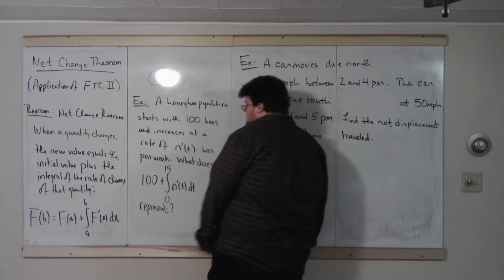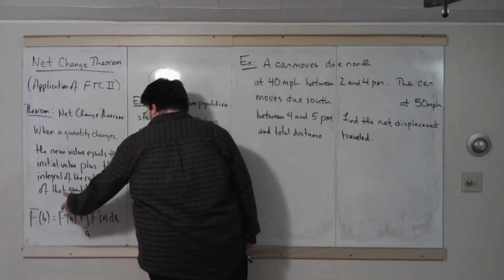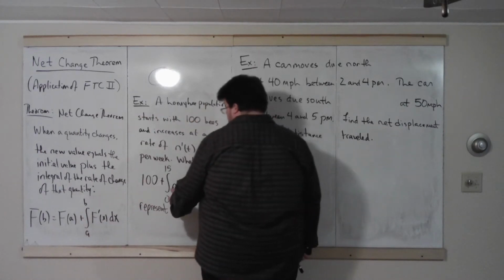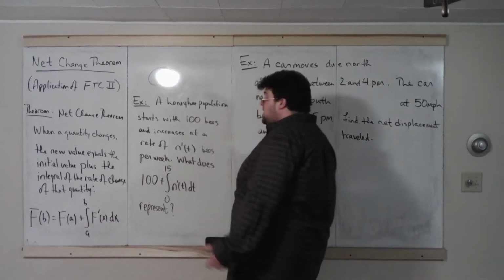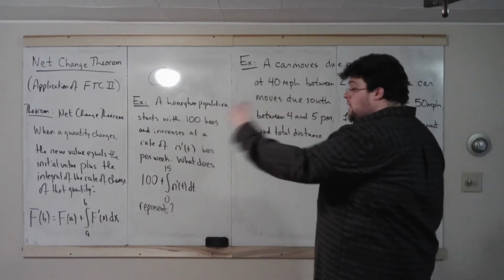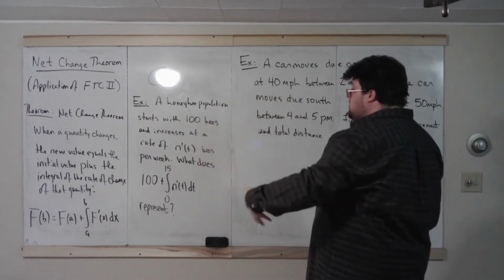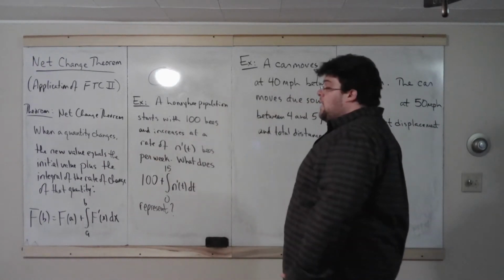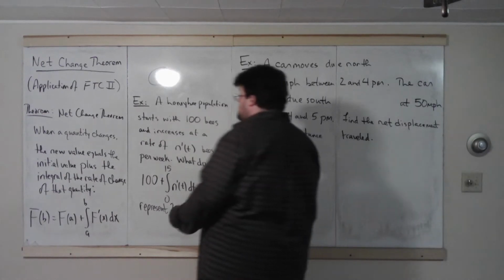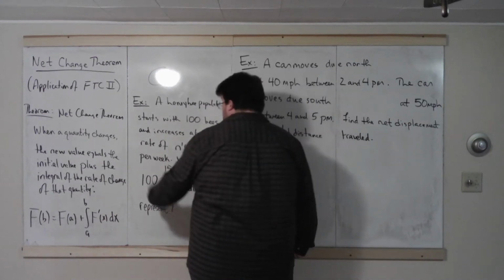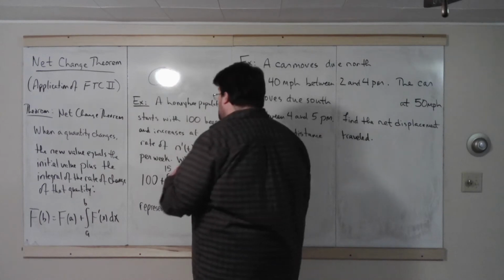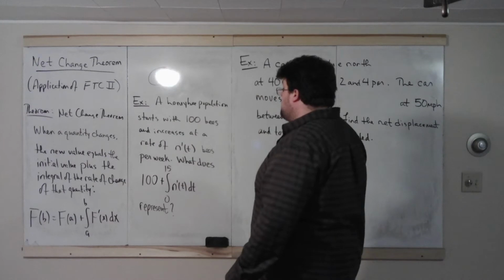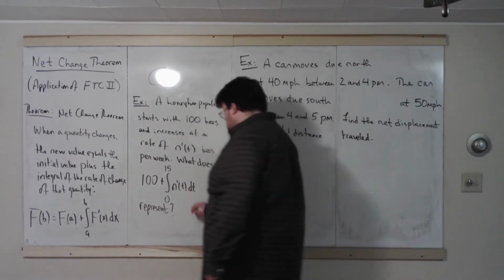Well, by the net change theorem, this represents the initial value, and this represents the change from time 0 through time 15. Now, this integral is capturing everything that happens between time 0 and time 15.